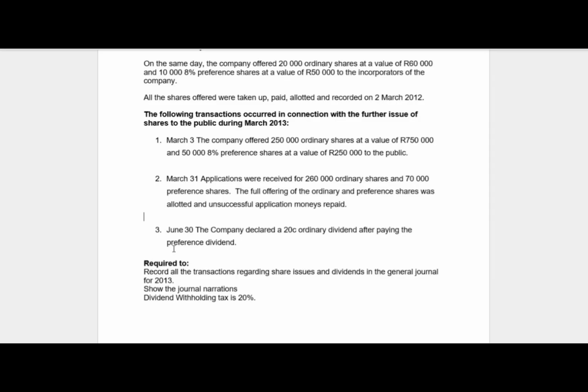They just said it was declared after paying preference dividends, right? So number 1, we are going to record the declaration of preference dividends and payment for it. After that, we are going to record ordinary dividends declaration. We are done, right?